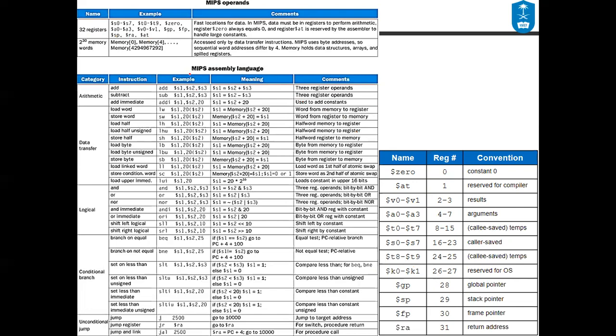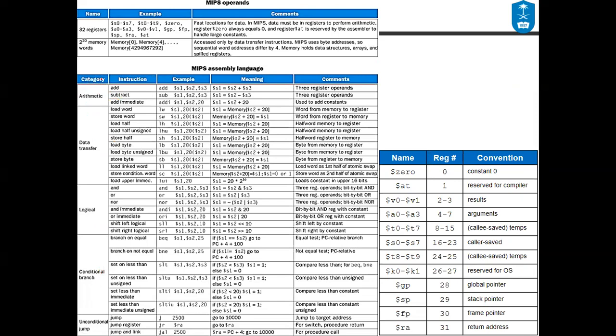Now, the MIPS assembly language, which is the core of the MIPS ISA, is categorized in different categories. The first one is the arithmetic, meaning how to add, how to subtract, and how to do the arithmetic operations using assembly language.